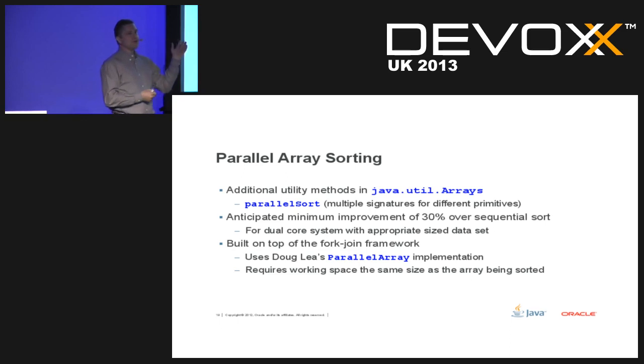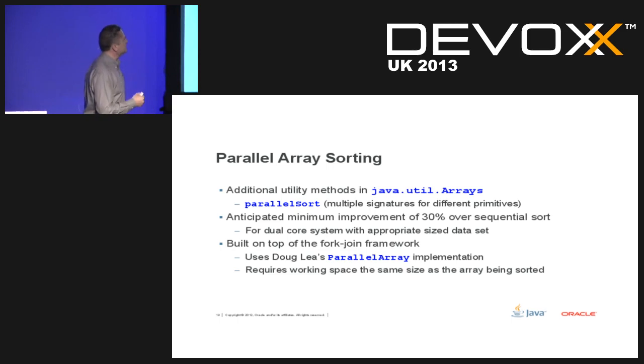And what we're trying to do here is use the parallel array implementation that Doug Lea created so that you can take an array and sort it in parallel. If you've got a dual core system with an appropriate size set of data, we're looking at least a 30% improvement in performance in terms of sorting that kind of array.